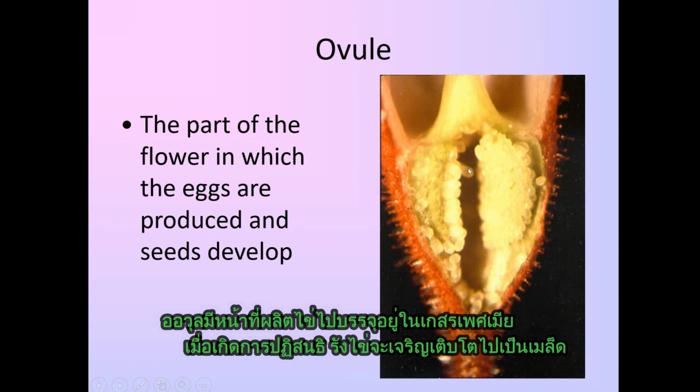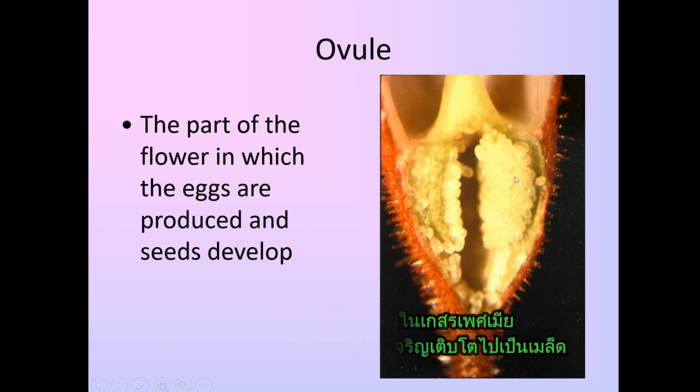This part here is the ovary of the plant, and this part is the ovule of the flower, which develops the seeds.